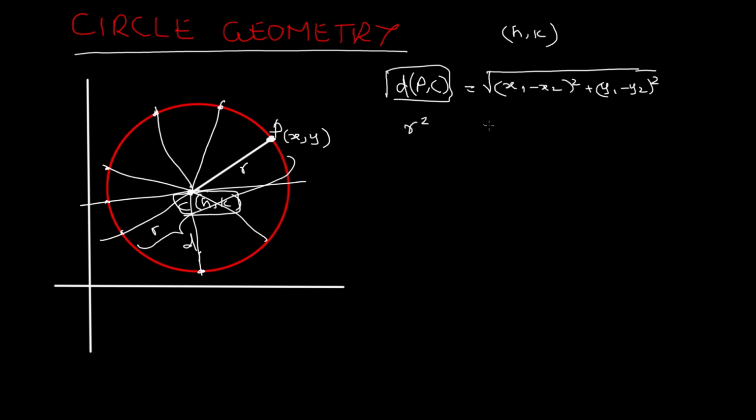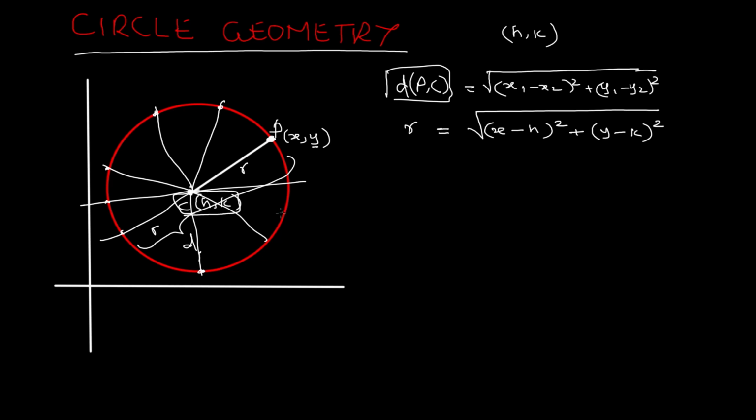So we can say R, because we've already included the radical sign, is equal to the square root of, now we use our first point, which is x, then we subtract h, and remember this is squared. Then again, y1 in our case is y, minus k, which is our y value here in the center. That is going to be the radius.